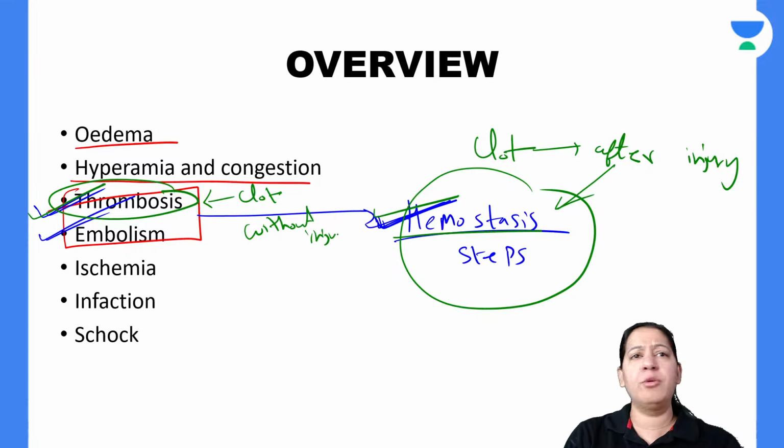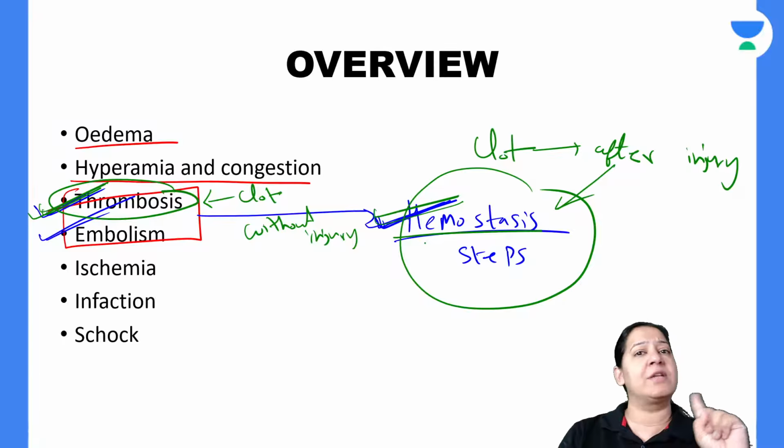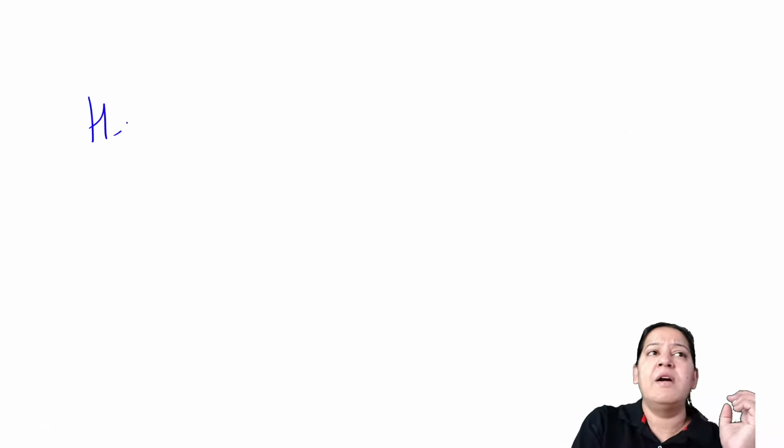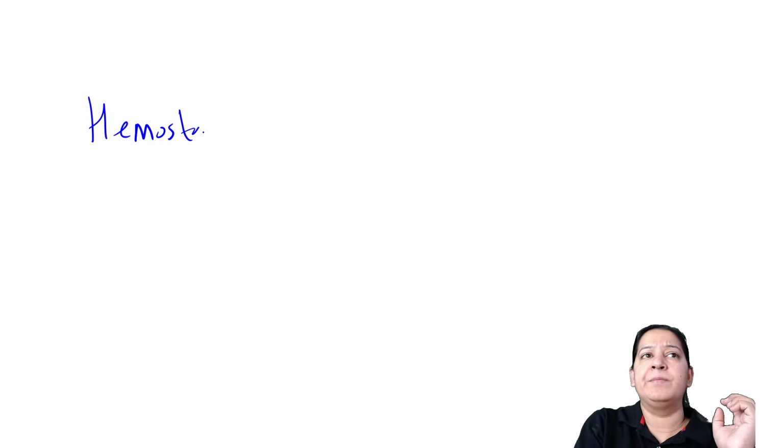But the steps of thrombosis are the same as that of hemostasis. The only difference between hemostasis and thrombosis is that hemostasis occurs after injury, thrombosis occurs without injury. Have you got it? So I am going to teach you two things, hemostasis and thrombosis. For understanding thrombosis, you should understand hemostasis, right?